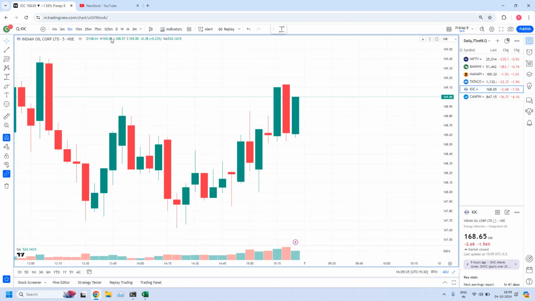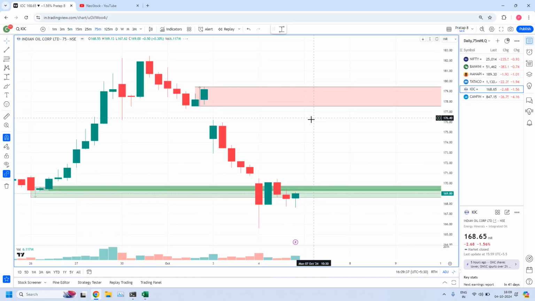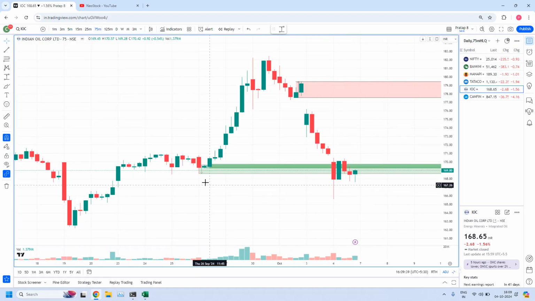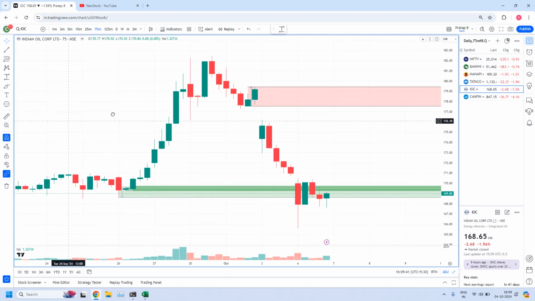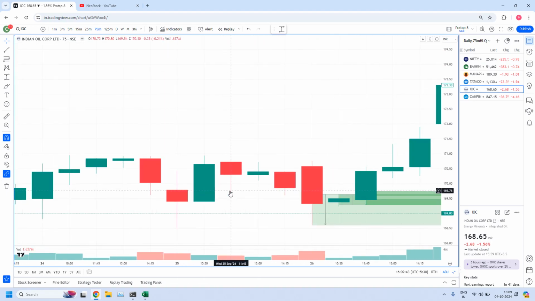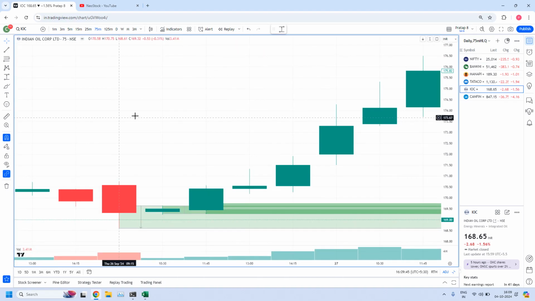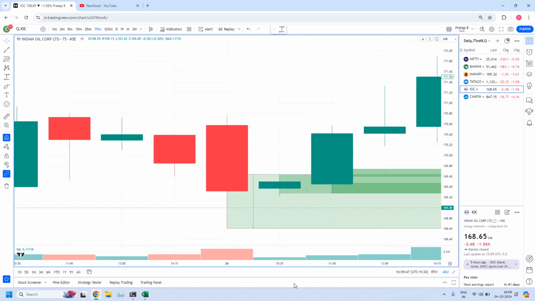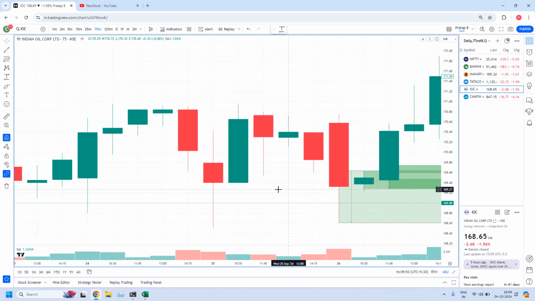IOC is the 75 minutes high liquidity zone. This is the 75 minutes high liquidity zone identified by our software. This is the drop base rally. This drop base rally is the 75 minute zone.